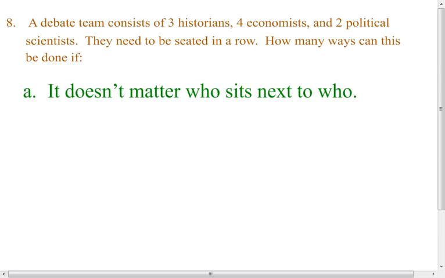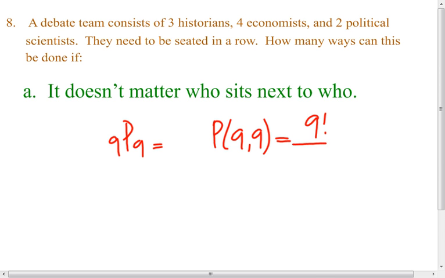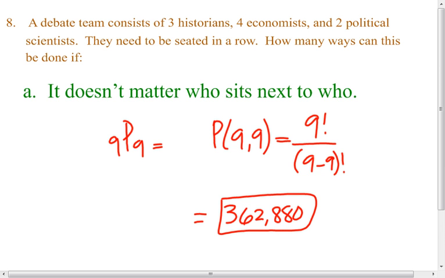So I have 9 seats and I need to fill all 9 of them, so I will do 9P9. Or again, I could do permutation of 9 choose 9, which would be 9 factorial over 9 minus 9 factorial. Either way you do that, you should get 362,880 ways to seat those people.